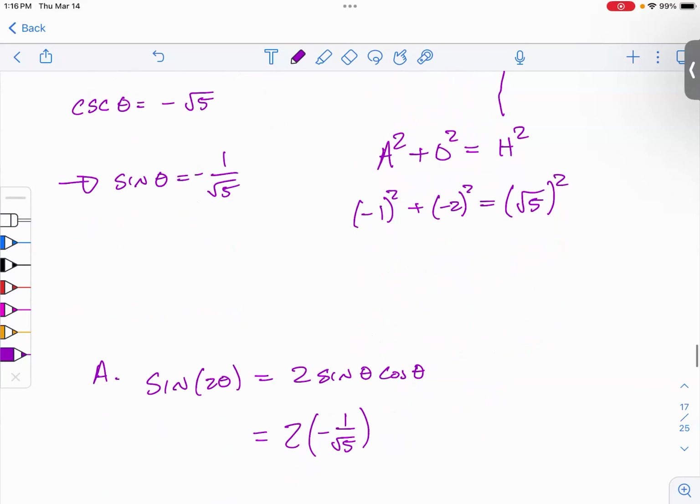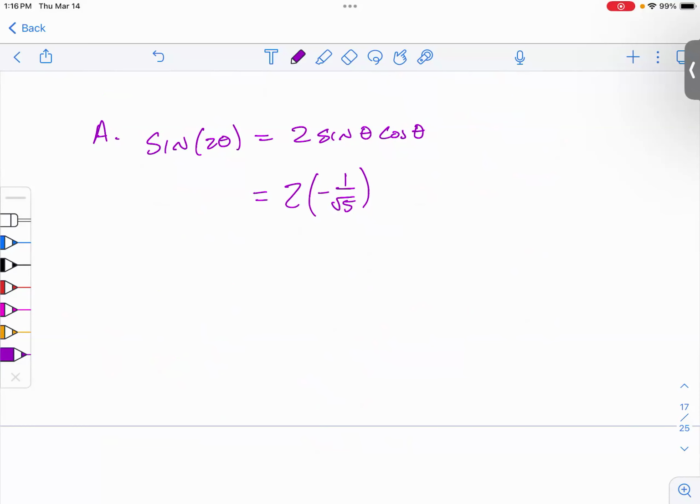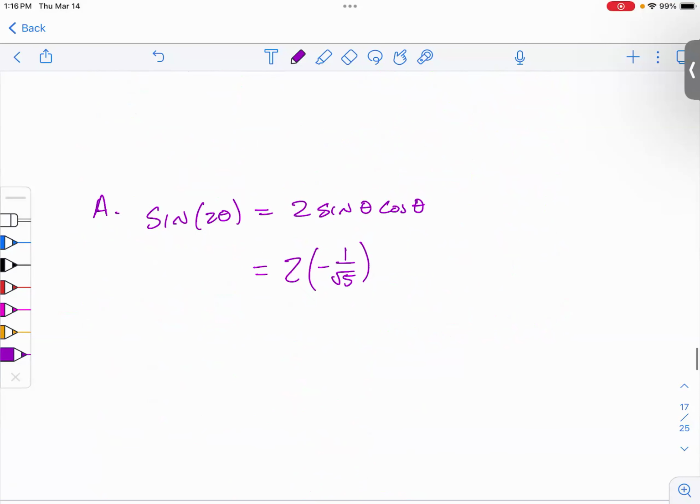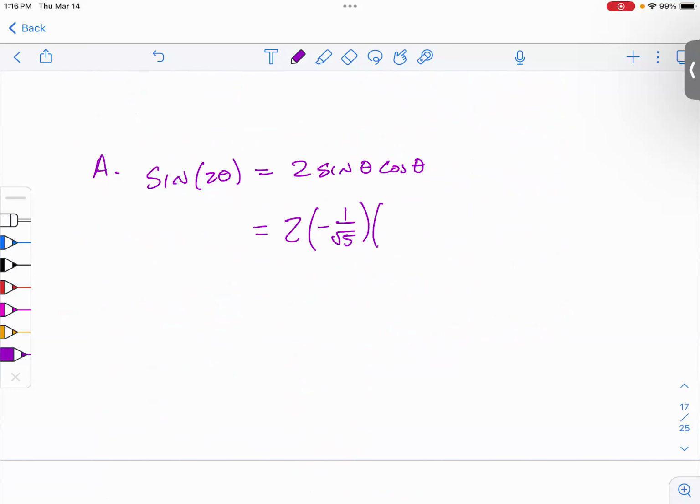Okay, that all makes sense. Cosine is -2 over root 5, and then we multiply across, which gets us 4/5. There we go.